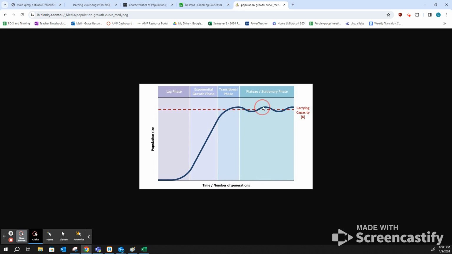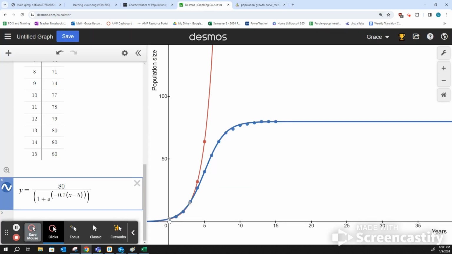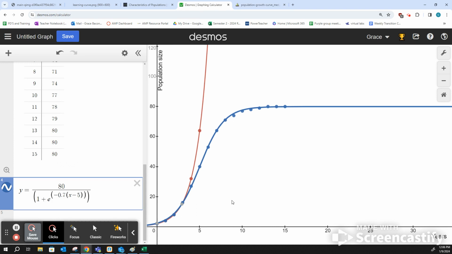And if you see it framed like this, just know that that carrying capacity of what they actually can sustain is somewhere in between where they overshoot and then where they dip. So it's this line that fits in between that curve. So this and this blue curve are both showing the same type of growth. These are both logistic growth.